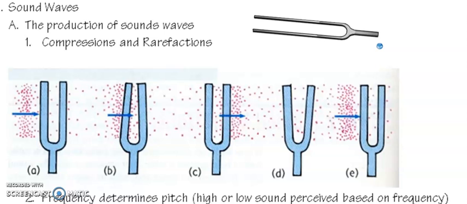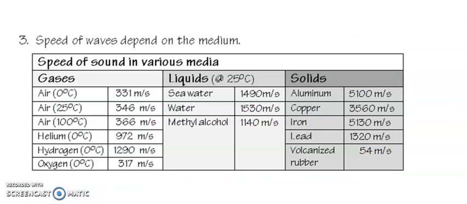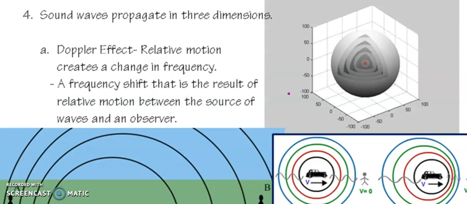Here we've got compression and rarefaction. These are longitudinal waves, and the closer they are, the higher the pitch is, the frequency. Notice that frequency and pitch are related. Here's a scientific way that we talk about it, and this is how high-pitched is perceived. We also talked about how fast sound moves through different mediums.